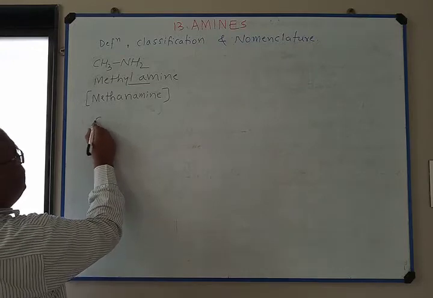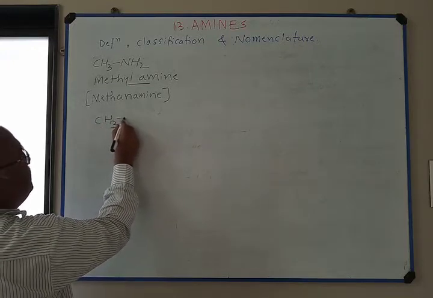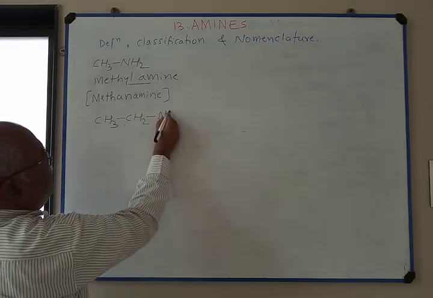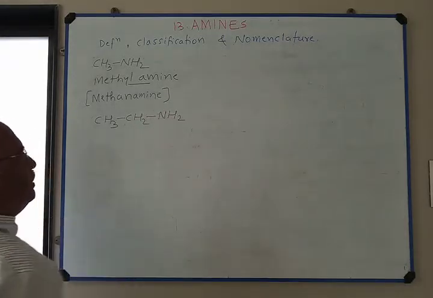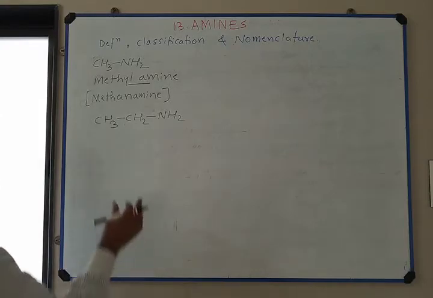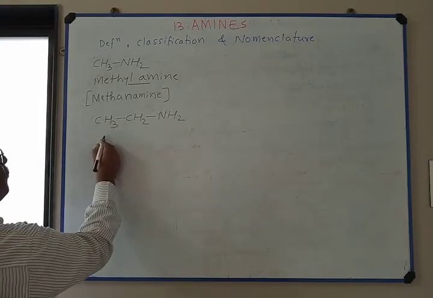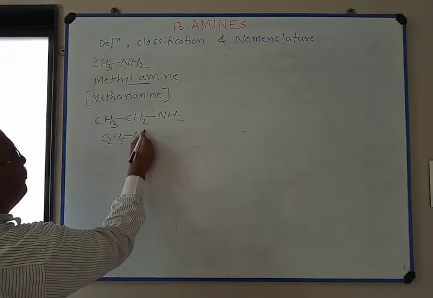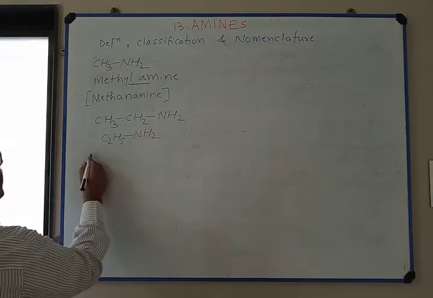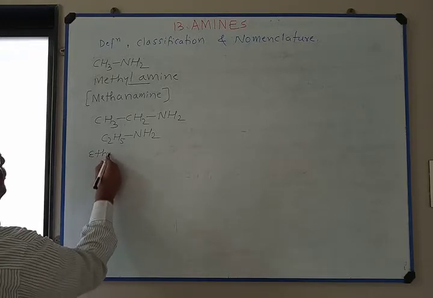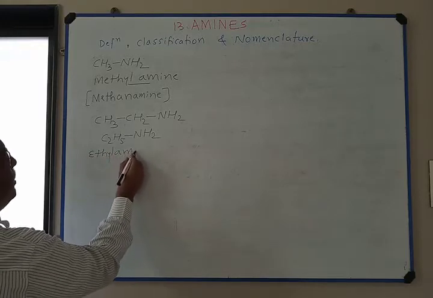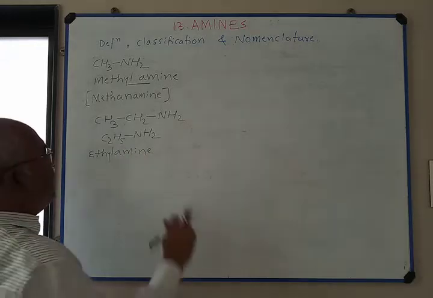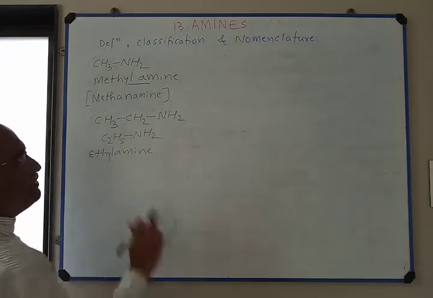Next, CH3 single bond CH2 single bond NH2. This is ethyl group. The same group can be written like this, C2H5NH2. The name of the compound is ethylamine. You write single word. Then you know how to write IUPAC name.